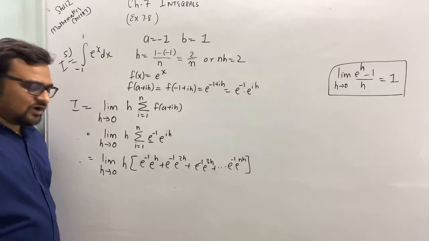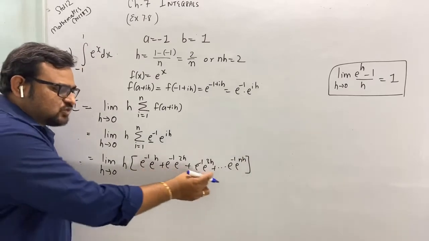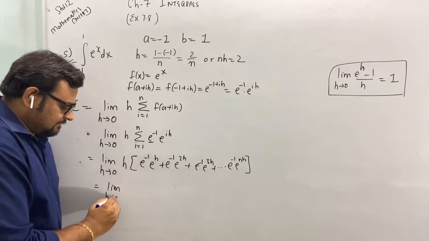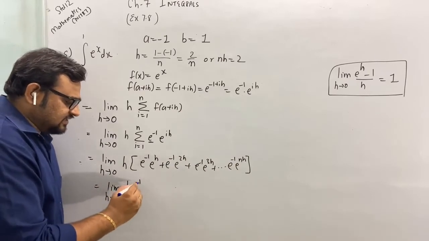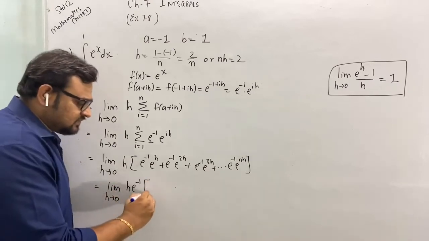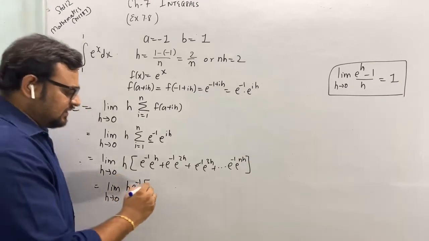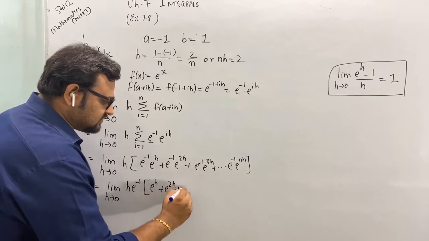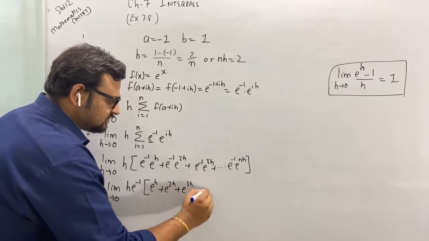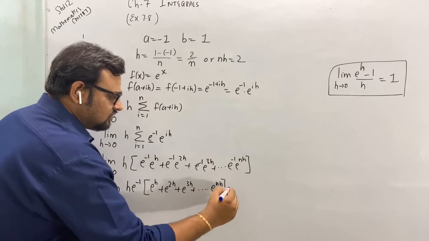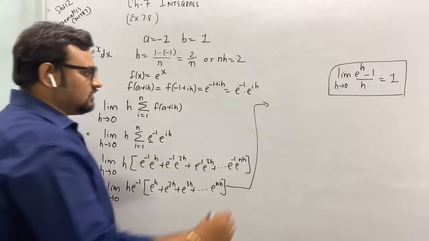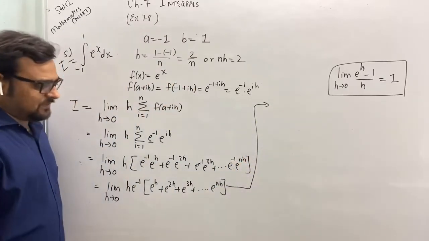Clear? Or else I can also take e raised to minus 1 as constant: h e raised to minus 1 times (e raised to h, e raised to 2h, e raised to 3h, up to e raised to nh). Clear? So now see what will happen.